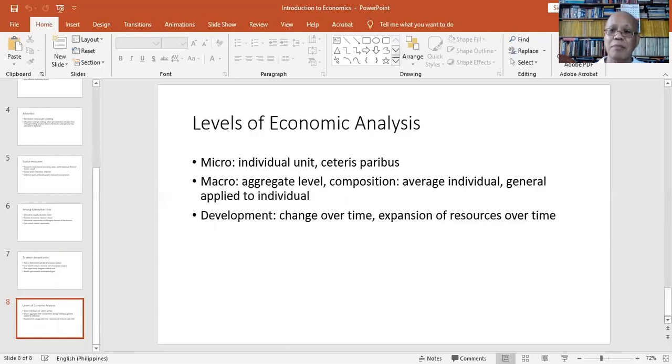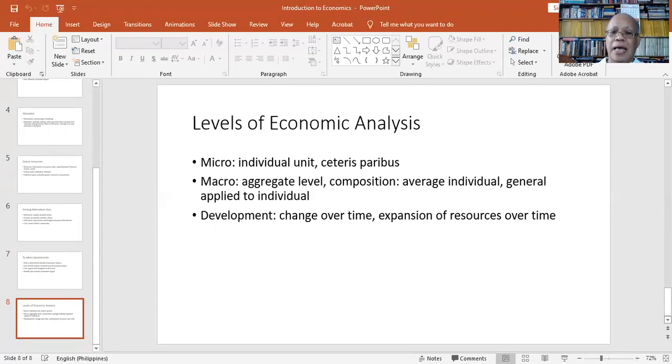Then you have the behavior of firms that are engaged in the export and import of goods and services. So these are all on the macro level, and it's also in macroeconomics where one studies monetary issues, the demand for and the supply of money, because money is the one commodity that is present in all transactions.